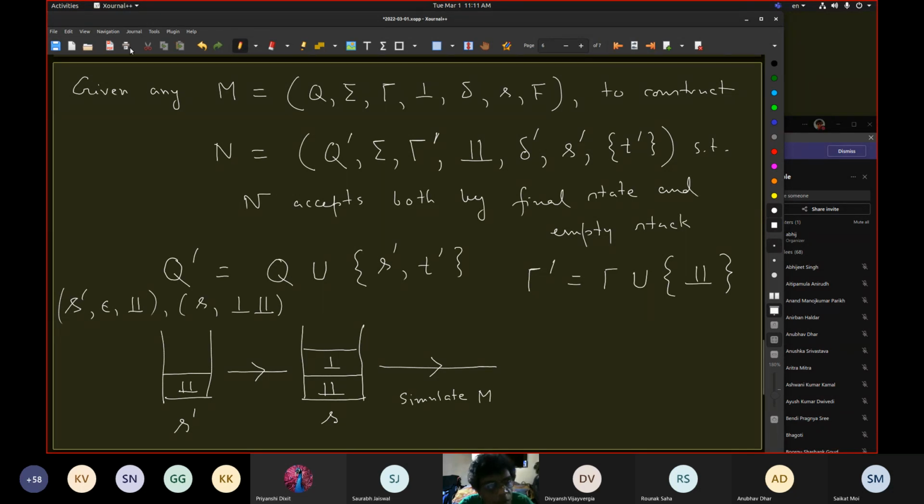Now I have to consider two different things. What happens if M accepts by empty stack? That's actually the easier thing. So M accepts by empty stack.